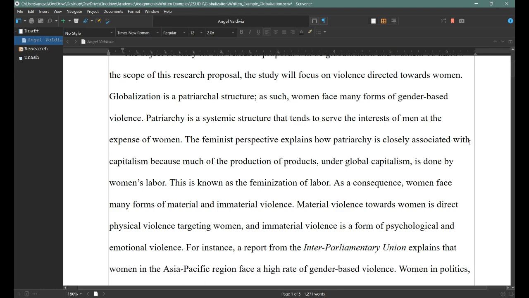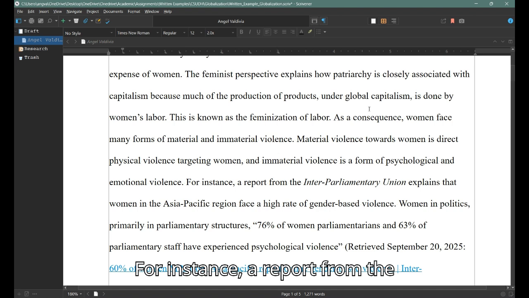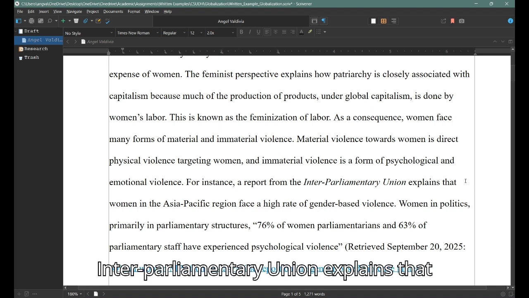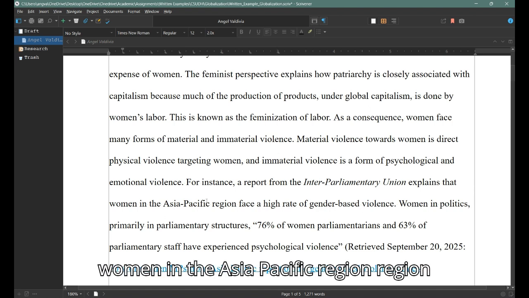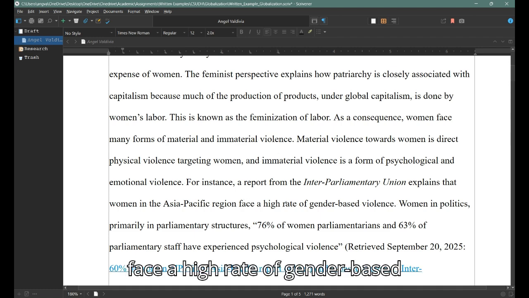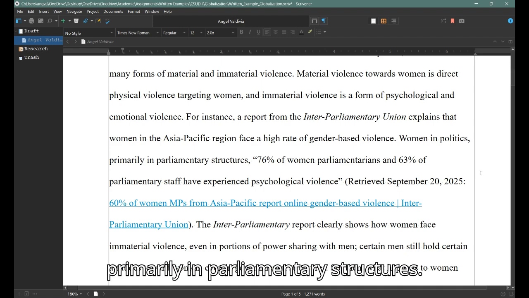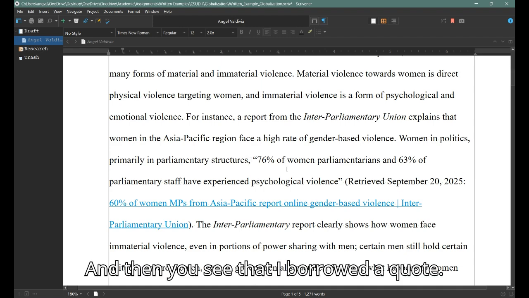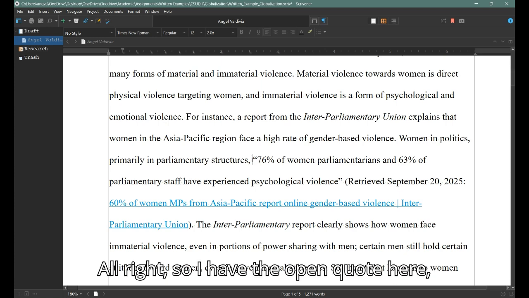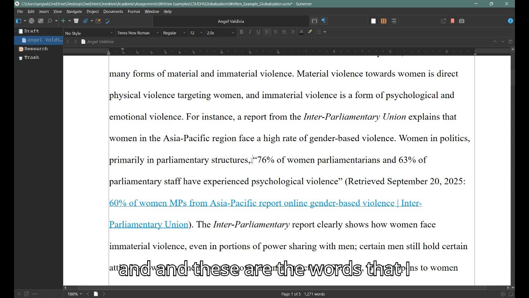For instance, a report from the Interparliamentary Union explains that women in the Asia Pacific region face a high rate of gender-based violence. Women in politics, primarily in parliamentary structures, and then you see that I borrowed a quote. All right, so I have the open quote here, and these are the words that I borrowed.